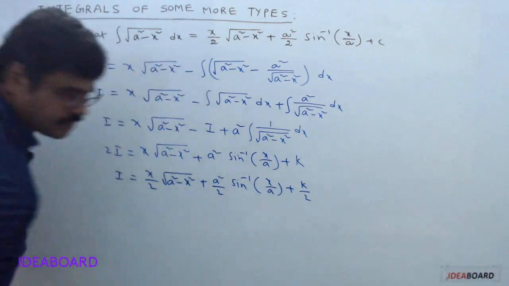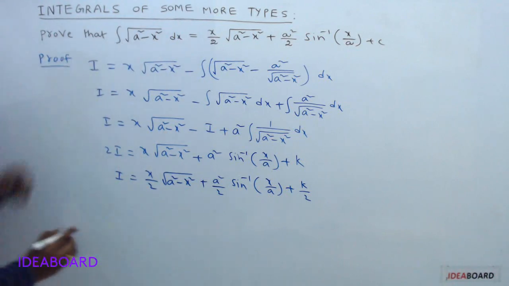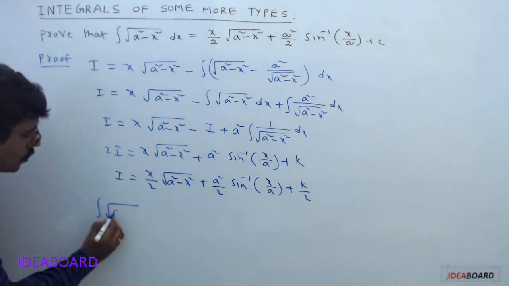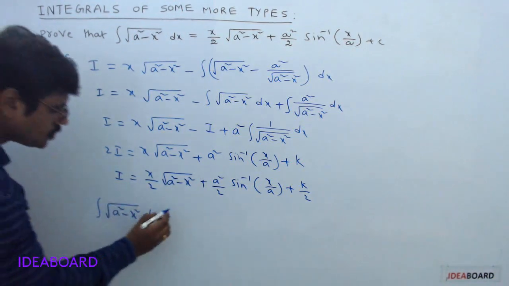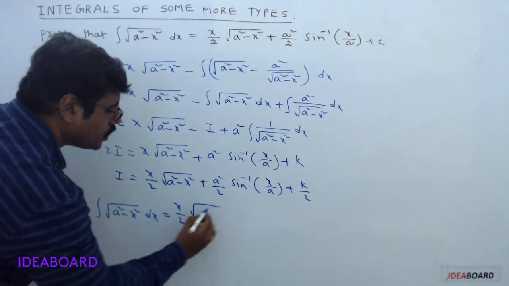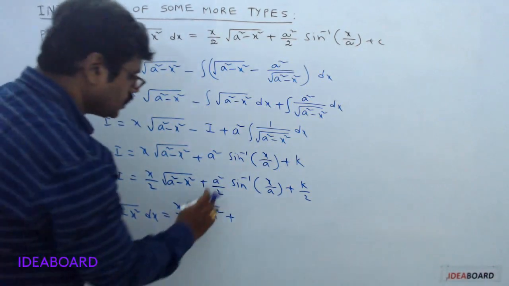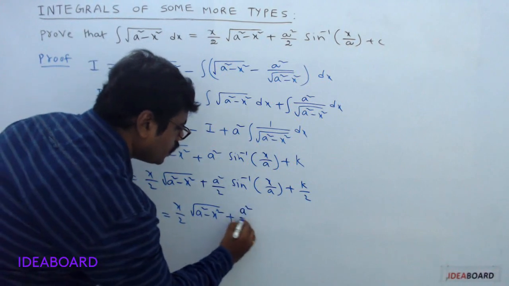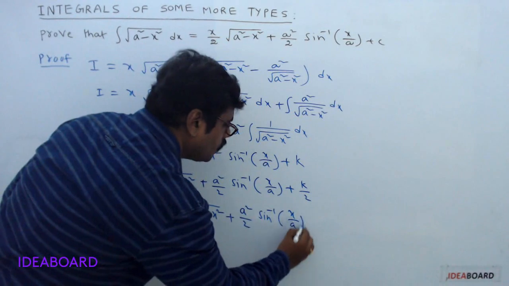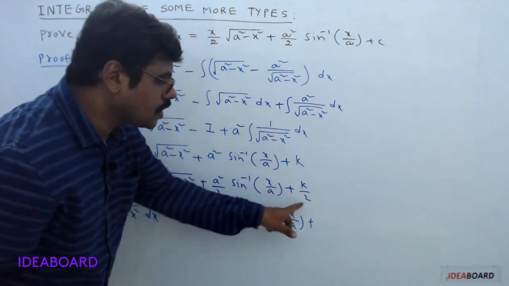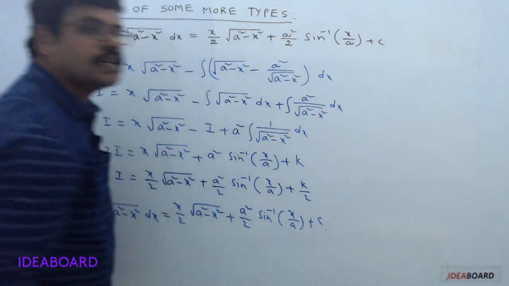Finally, replace this I with your given problem, that is integral square root of a square minus x square dx, which is x by 2 into root of a square minus x square plus a square by 2 into sine inverse of x by a plus, replace this constant k by 2 with another constant, let it be c.